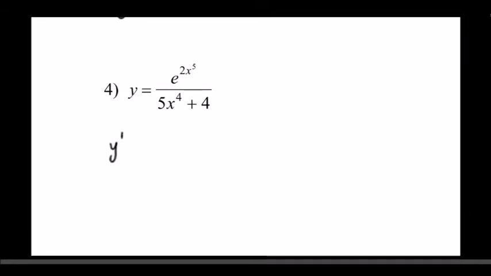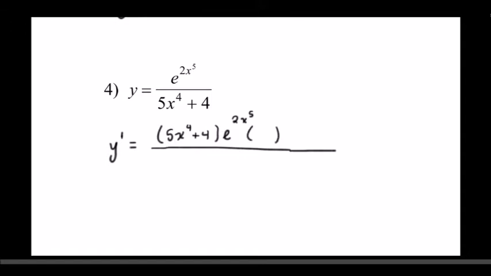So y prime, we've got low, which is the bottom function, 5x to the 4th. So there's low, now we need d high. D high stands for the derivative of the top function. That's going to be e to the 2x to the 5th times u prime, which is going to be 10x to the 4th.